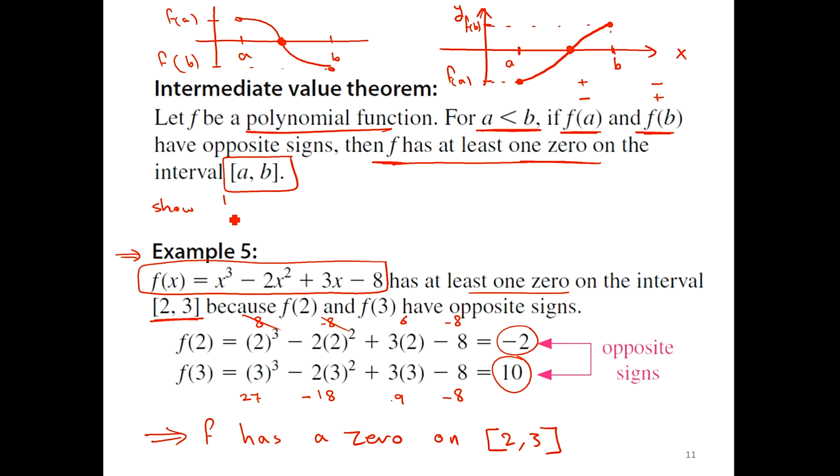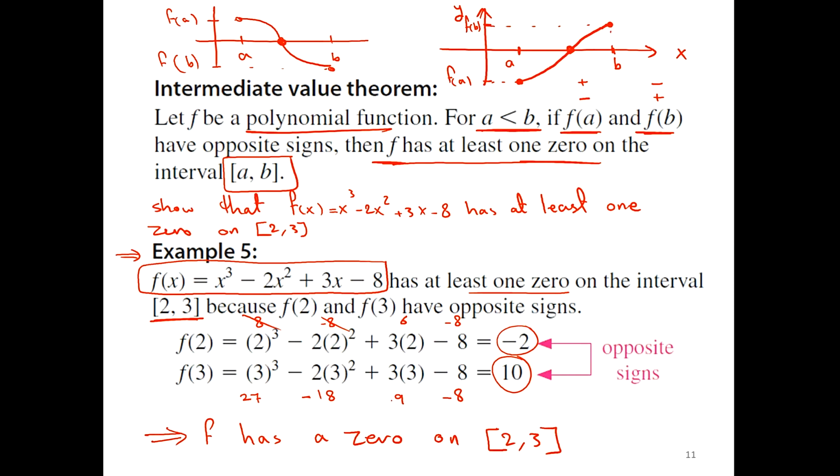Show that f of x equal, for example, x to the power 3 minus 2x squared plus 3x minus 8 has at least 1 zero on the interval 2 and 3. Okay, this is written differently. So how can we verify?